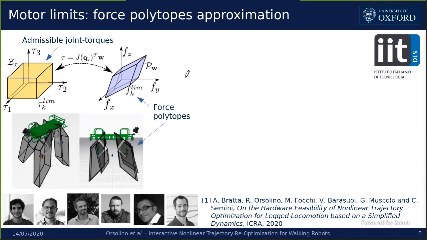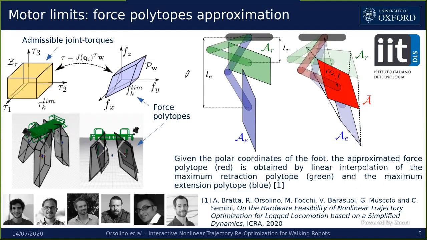For this reason, we propose an approximation of the force polytope that can be seen as the red polytope in this figure, that is obtained as a morphing of 2 reference polytopes: the green polytope, which is the one obtained at the maximum retraction of the leg, and the blue polytope, which is the one obtained at the maximum extension.